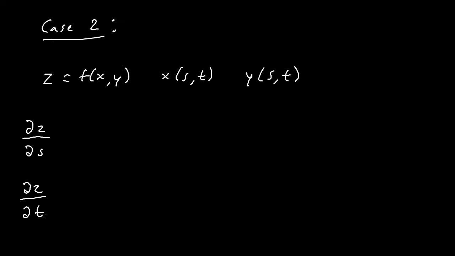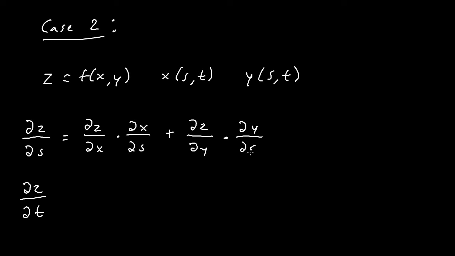And so the formula for the partial derivative of z with respect to s is going to be equal to the partial derivative of z with respect to x times the partial derivative of x with respect to s plus the partial derivative of z with respect to y times the partial derivative of y with respect to s.